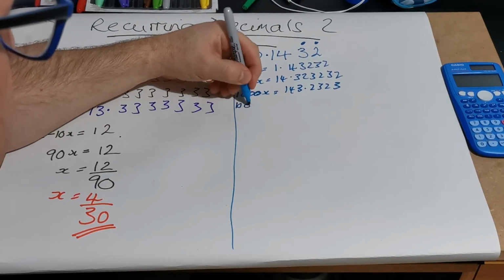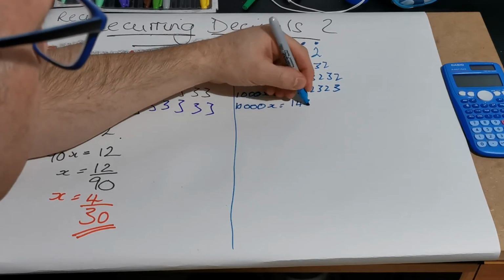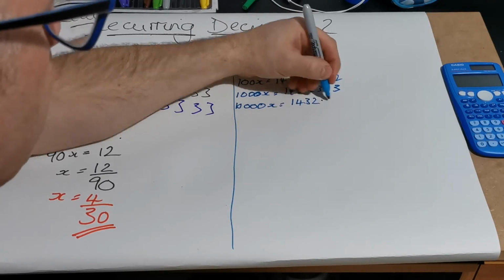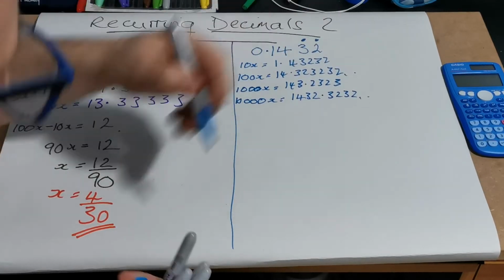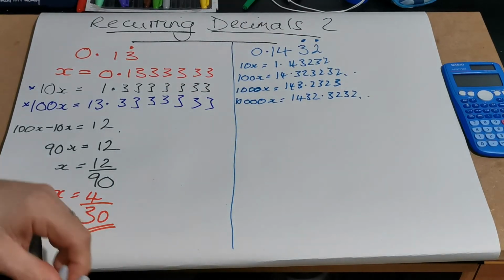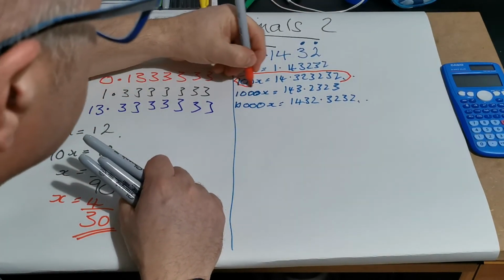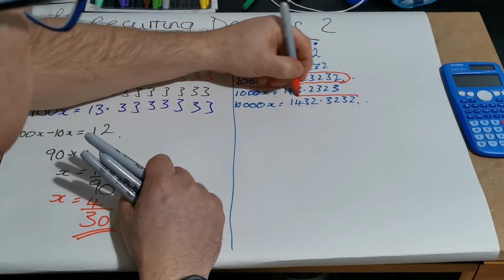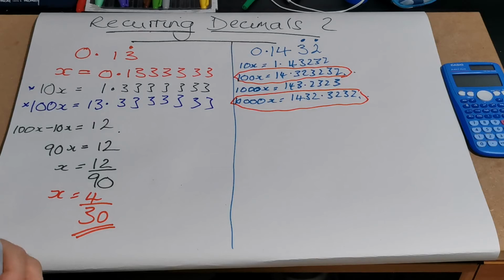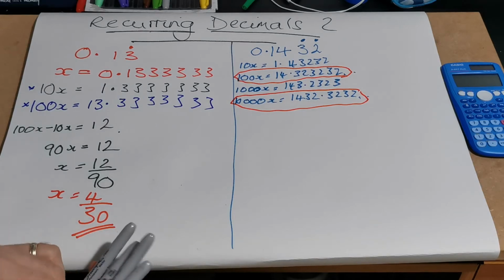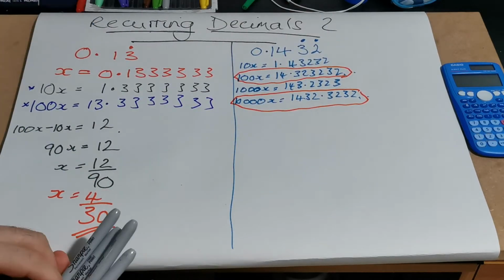Maybe if I look at 10,000x, I get 1432 and then 0.3232, etc. So what I end up with is these two here with the same decimal bits. And that's the key thing that we're after. 323232, 323232. Those bits are the same.